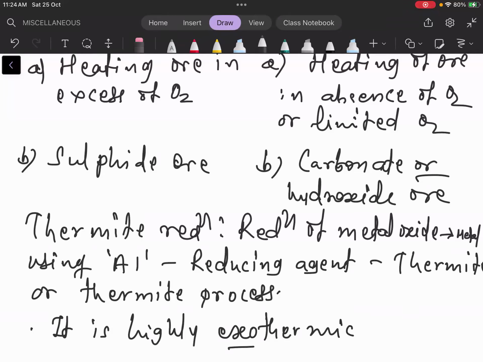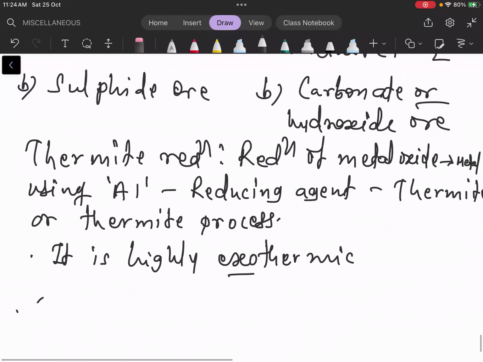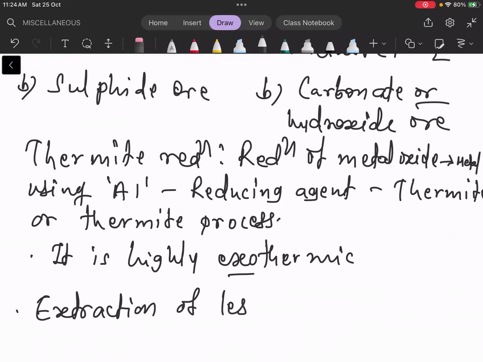Now, extraction of less reactive metals.